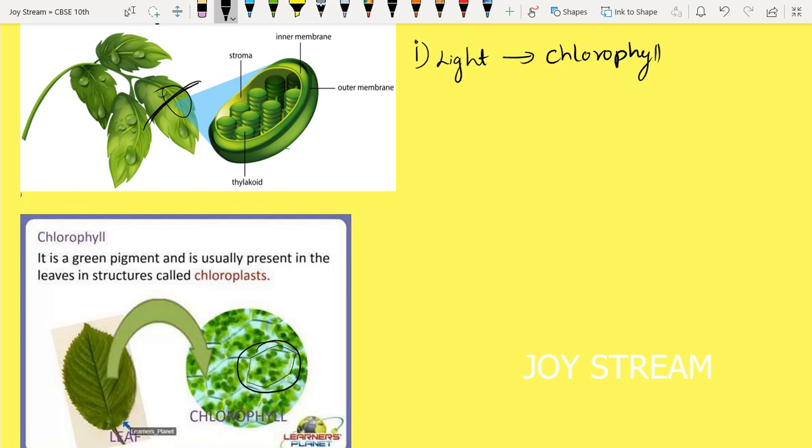What does this chlorophyll do? It absorbs the light. In the second step, the taken light energy is converted to chemical energy.